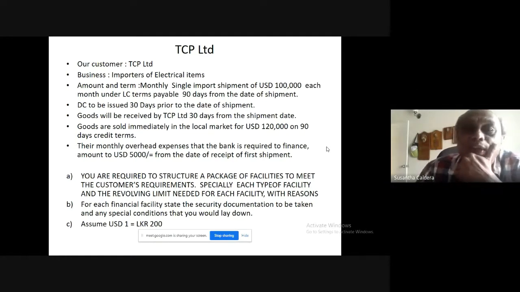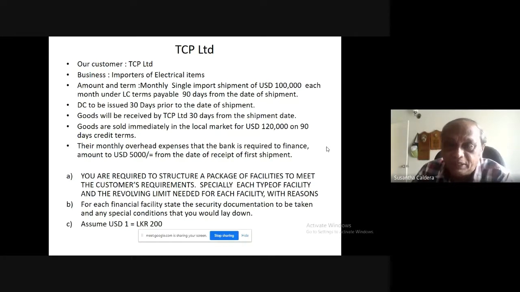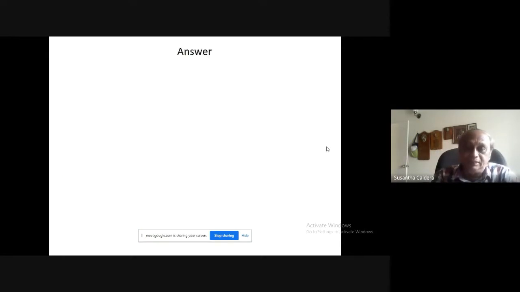You are required to structure a package of facilities to meet the customer's requirement, specifying each type of facility and the revolving limit needed for each facility with reasons. For each financial facility, state the security documentation to be taken and any special conditions that you would lay down. Assume US dollars 1 equals LKR 200.